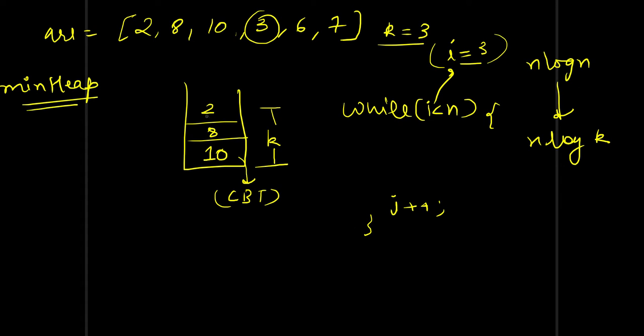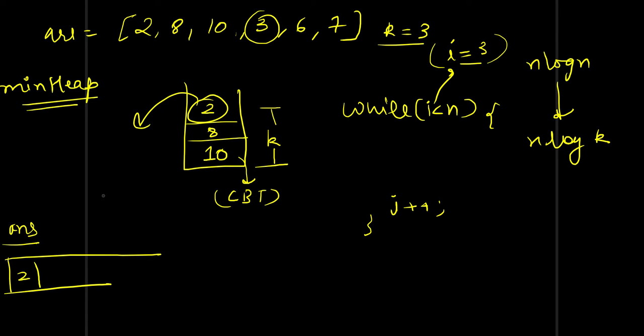Now the topmost element is the smallest one, so I can simply pop it and store it in my answer vector. So I'll store the 2, then store top, pop it, and then insert the ith element.